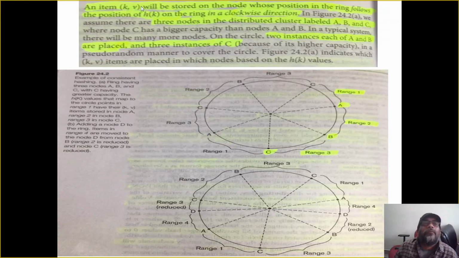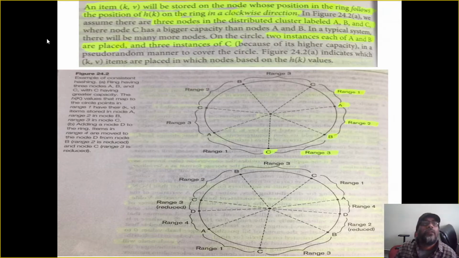An item (k, v) will be stored on the node whose position in the ring follows the position of h(k) on the ring in a clockwise direction. Here clockwise is written, but there is no question of clockwise or anti-clockwise, so any convention can be used.